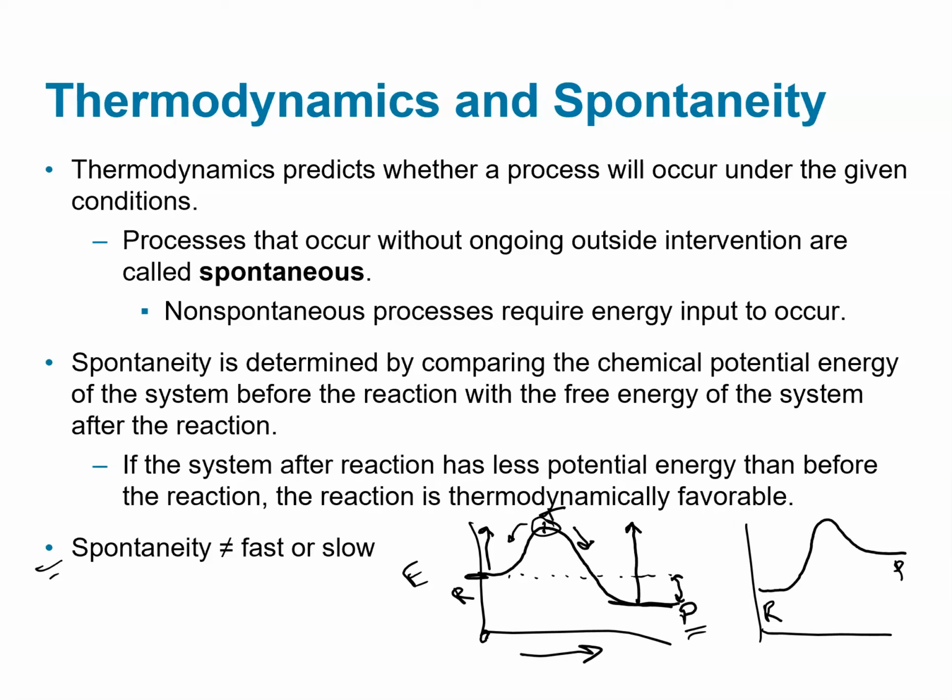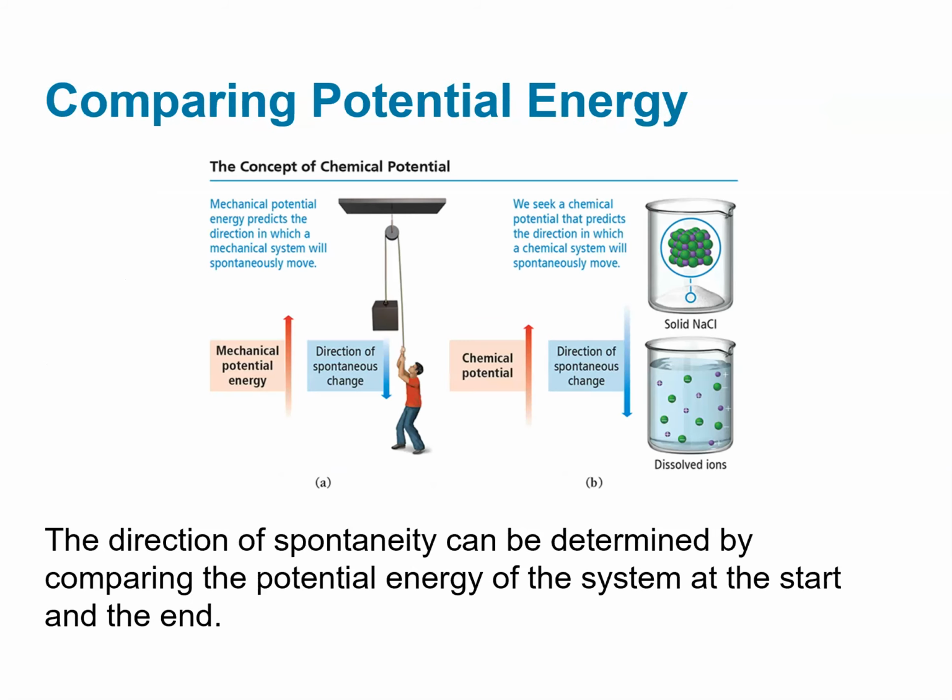Now, this happens spontaneously without the input of significant amounts of energy. However, it's a relatively slow process. And of course, you can change the conditions so that it happens faster or slower. But in the end, oxidation of iron to rust is a spontaneous process, but it's a fairly slow process. So spontaneity, remember, does not mean fast or slow. It just means the reaction proceeds favorably.